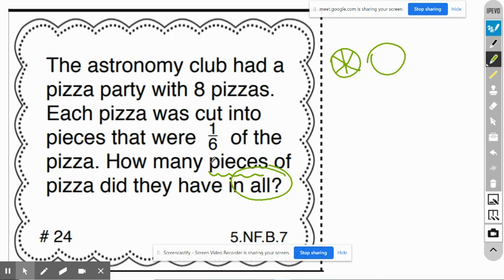Are you finished drawing your pictures? Okay, don't worry about the pencil. If you drew your 8 pizzas and you cut each into 6, like I have here, how many pieces do you have now?